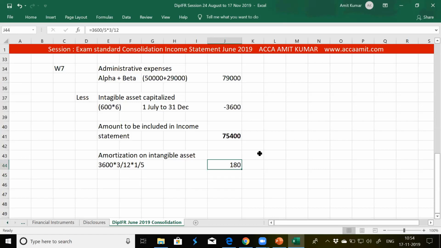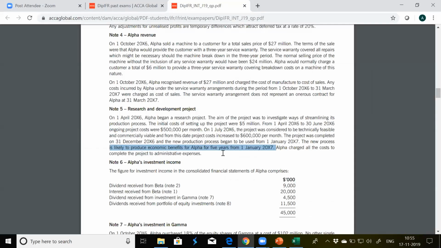Where will we charge this? 180. Where should we charge this? What does it say?